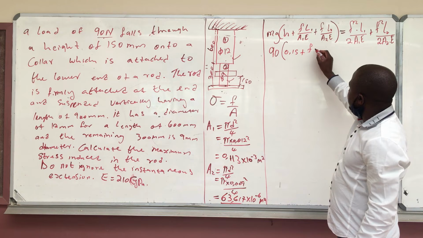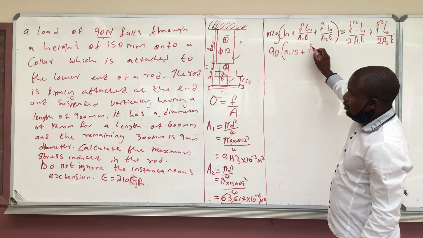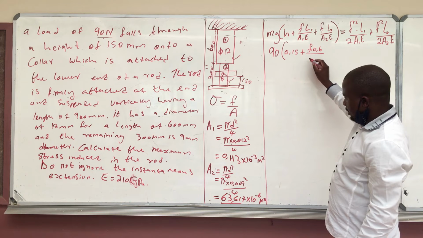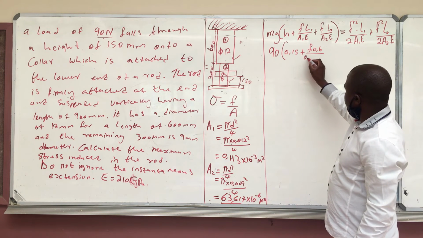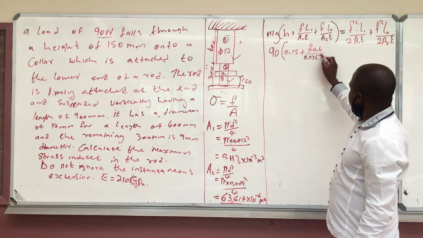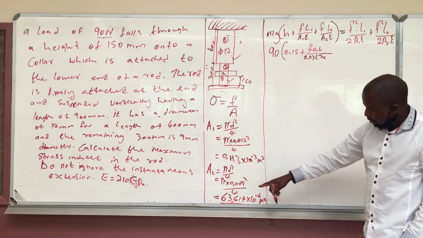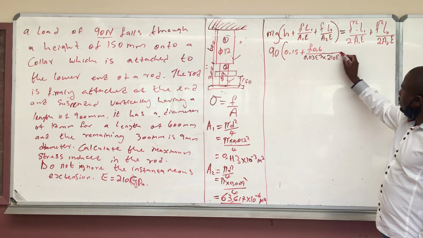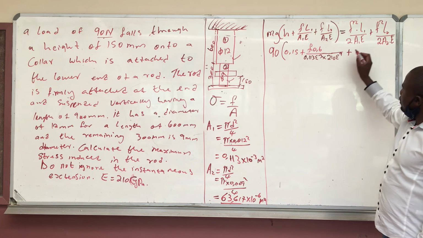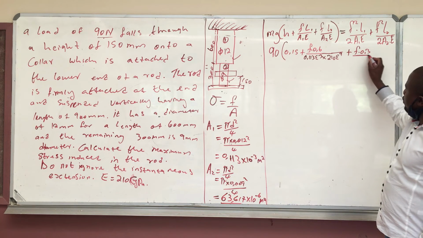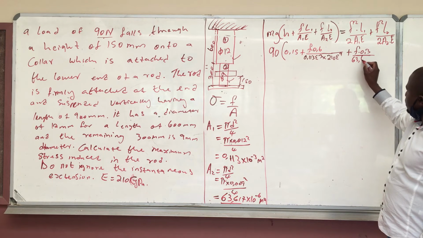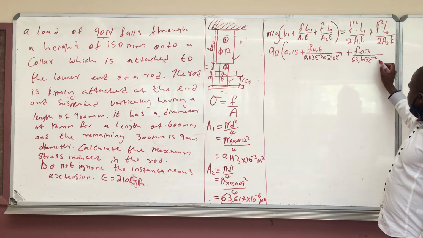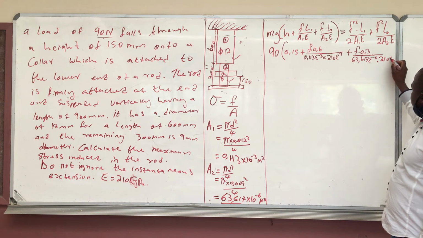plus F times the L is what? 0.6 all over this, the area 1, 0.113 exponent negative 3 times 210 exponent 9 plus F, the second one is F times 0.3 all over 63.617 exponent negative 6, times 210 exponent 9.